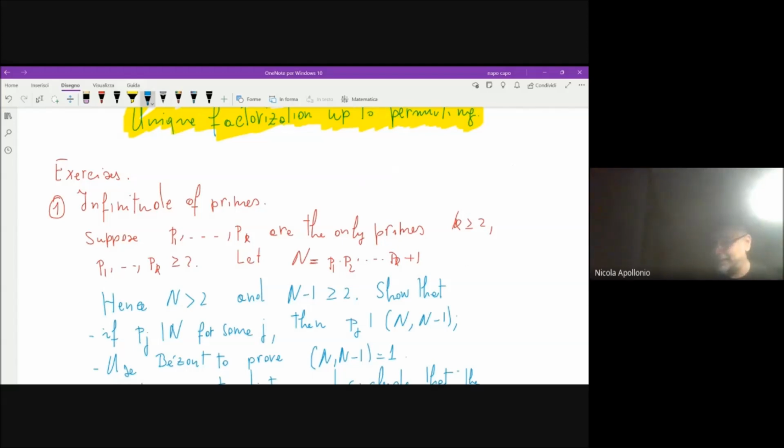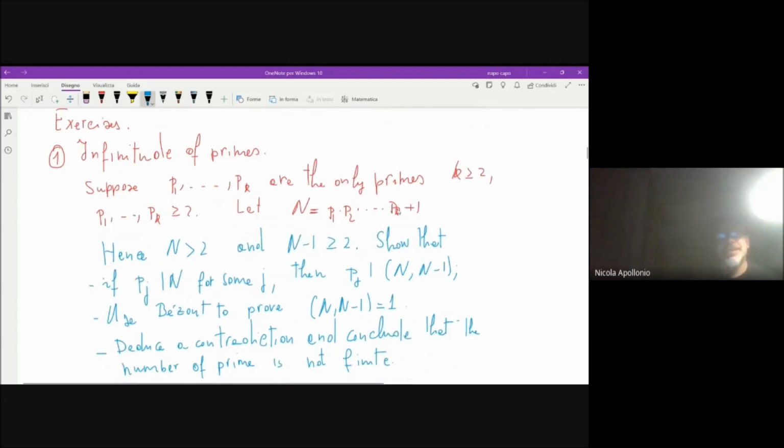There are several proofs of this fact, even topological ones. What I'm suggesting is due to Kummer, actually, even if it is very similar to Euclid's.